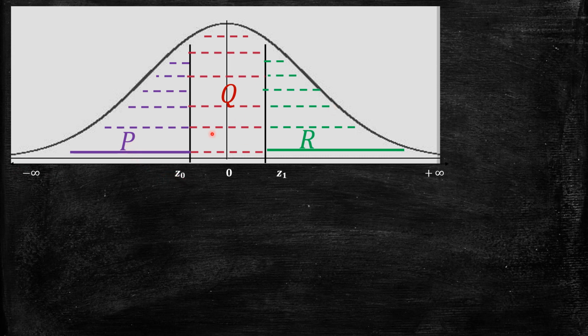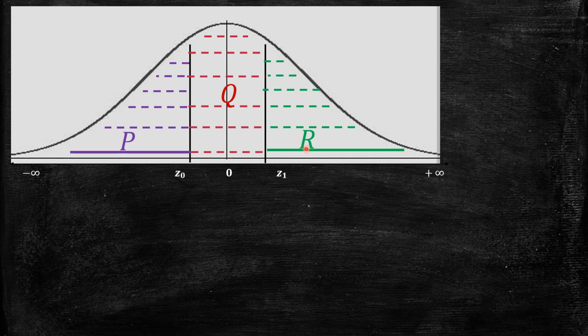Similarly, Q has the reference point 0 to Z1, on the right or left side, Z0 to 0. If I want to find the probability from 0 to Z1 or Z0 to 0, we use the letter Q. And R is Z1 towards infinity, that means Z greater than Z1. So you can use the calculator for that purpose.